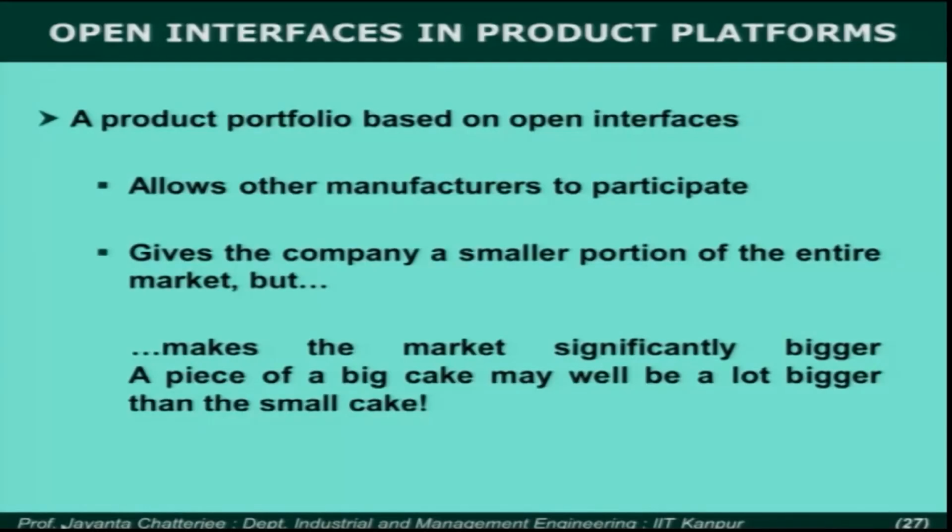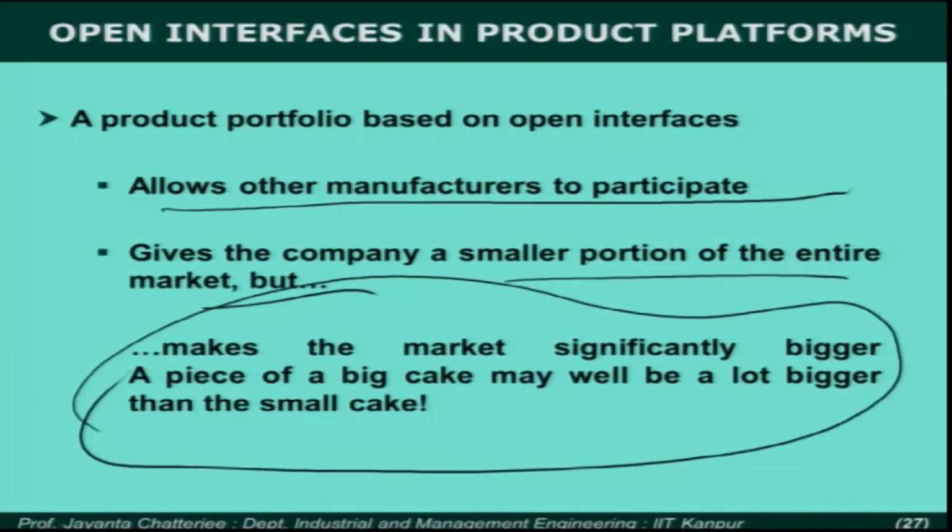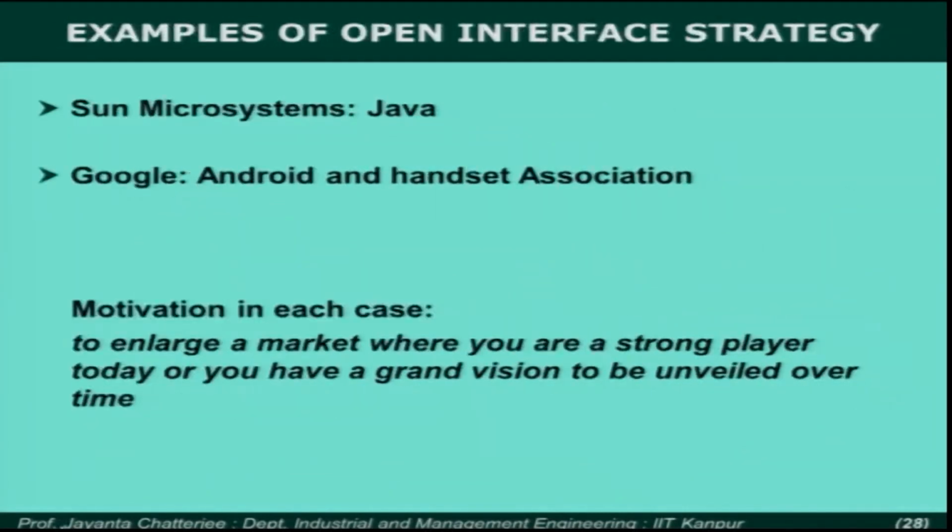Also, the other important point, our ending point, is that a product portfolio with open interface often allows other manufacturers to participate and gives the company a smaller portion of the entire market, but a small portion of a very large market is better than a large portion of a small market. An example, I think you can easily guess, like say Sun Microsystem Java.